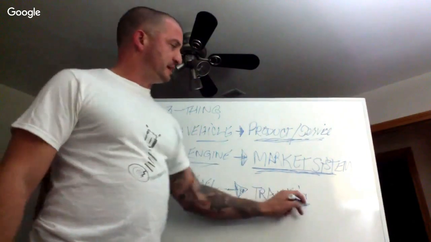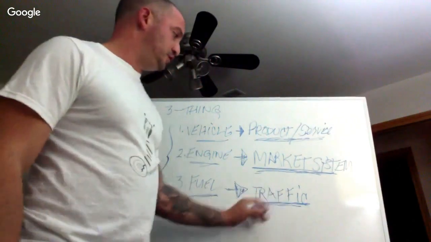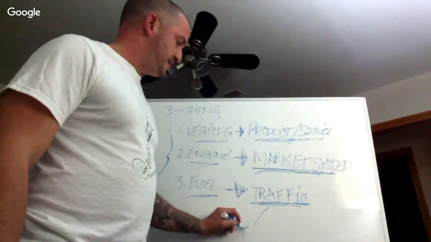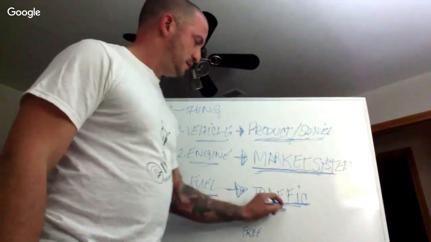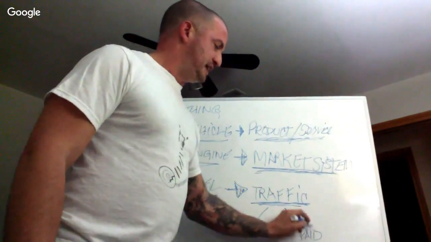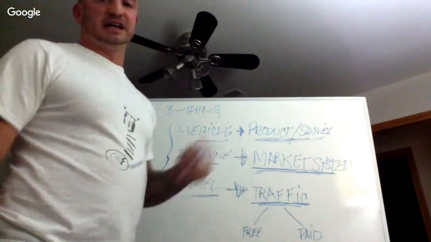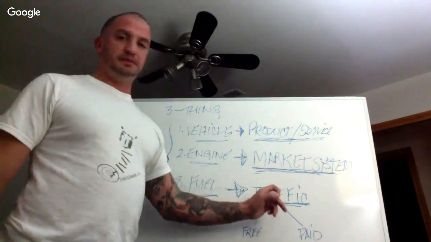And the traffic you can get pretty much two ways. There's a free method and a paid method of attaining traffic. And by traffic, I mean eyeballs, customers, leads, prospects. That's what I mean by traffic.